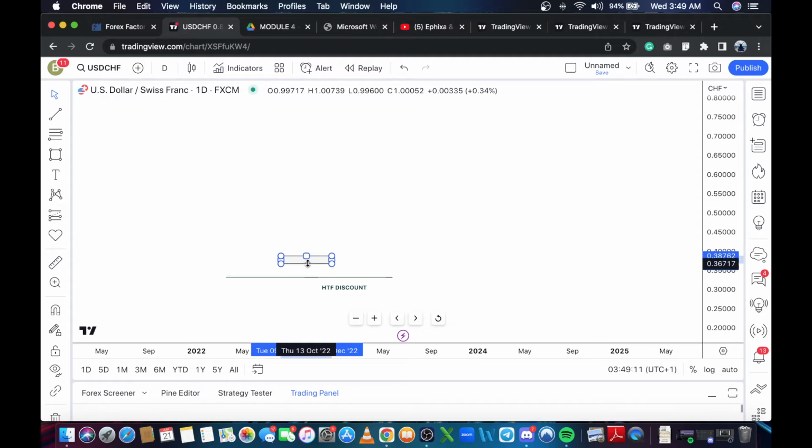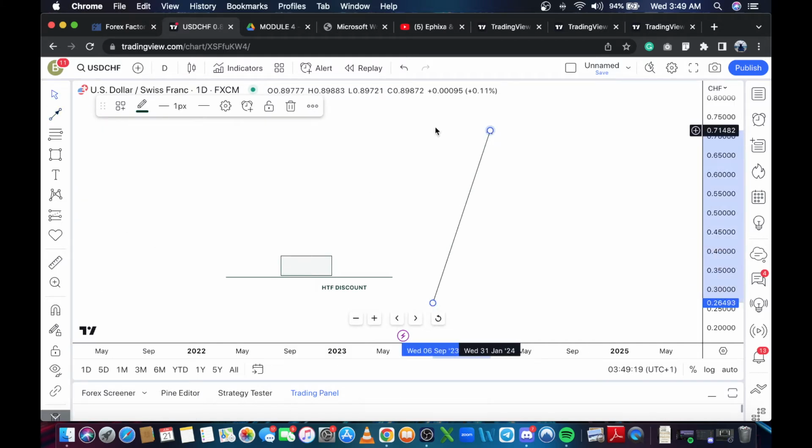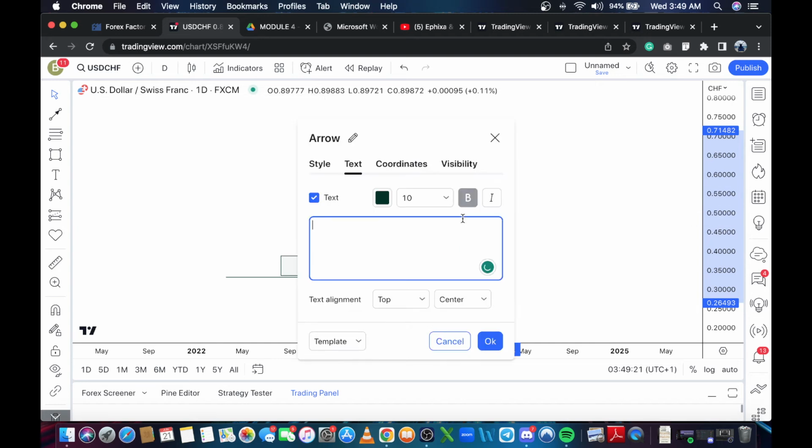What's going on here is that from the open price it ran lower in a predisposed bullish order flow. So we're going to label this here as predisposed for bullishness.